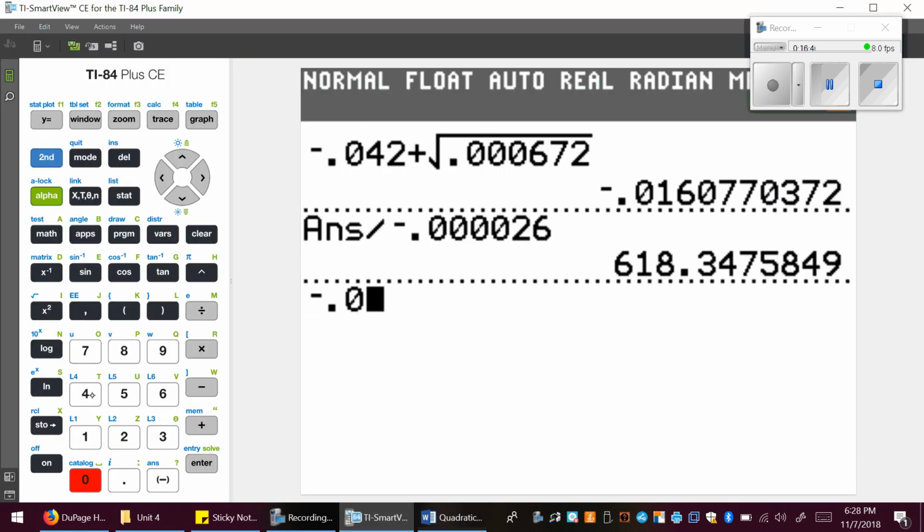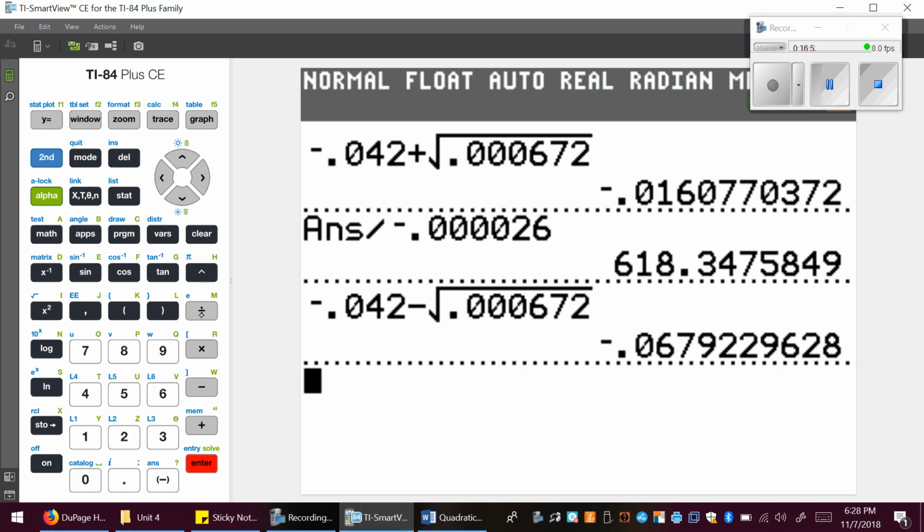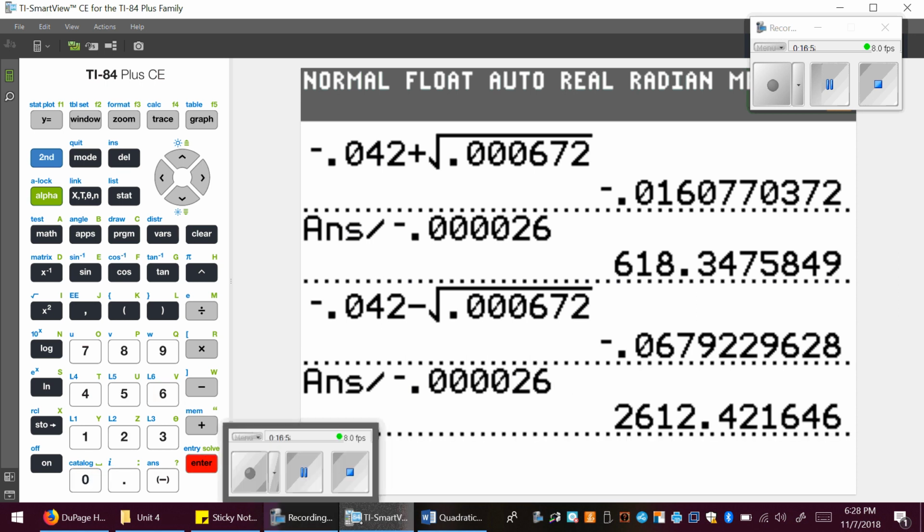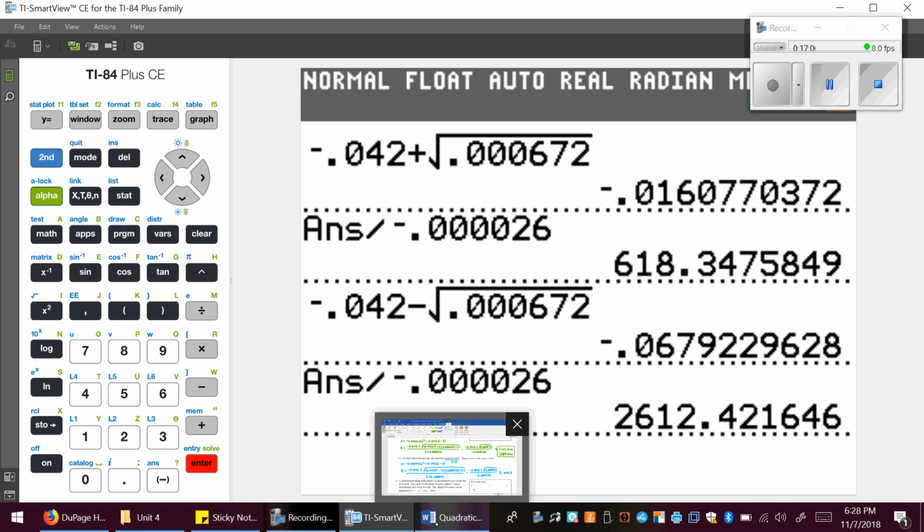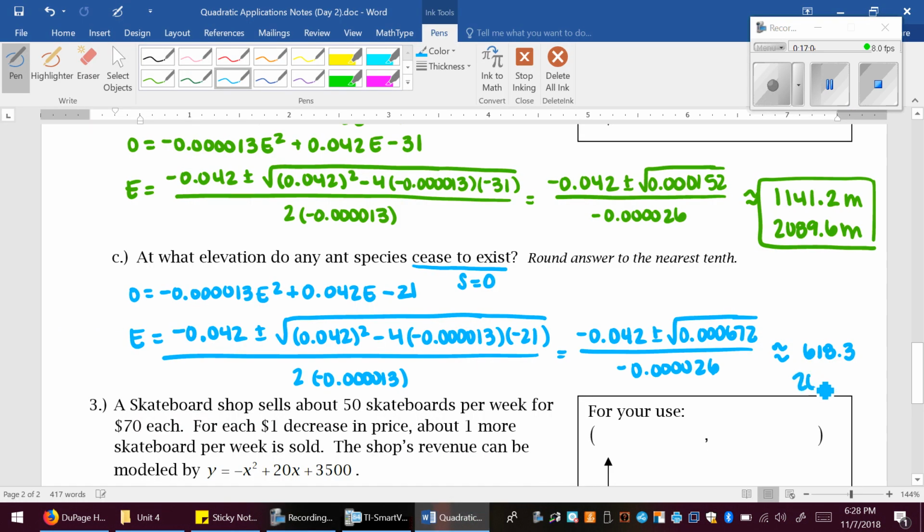And negative 0.042 subtract the square root of 0.000672 and divide it by negative 0.000026. 2,612.42. Again, those are elevations, so meters.